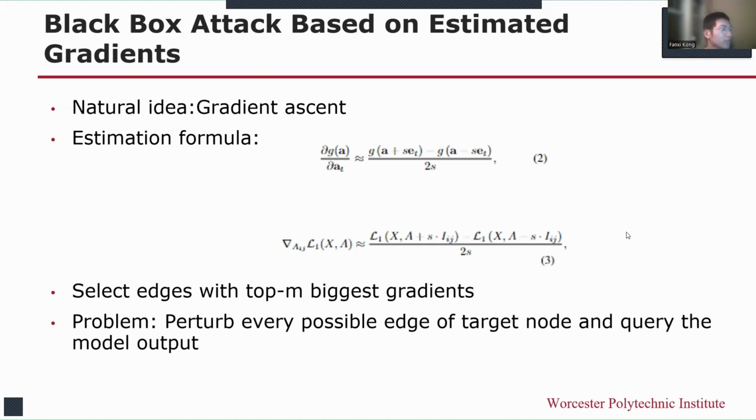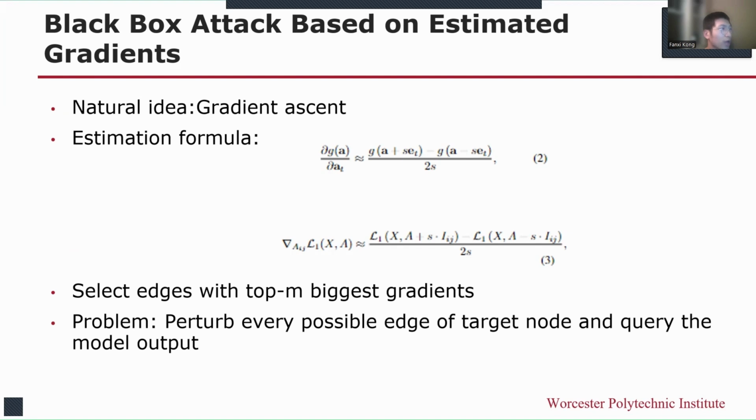Then we select the edges with the top m biggest gradients and perturb those edges, m being the number of edges to be perturbed. So this is our first method, and it's quite simple, honestly.